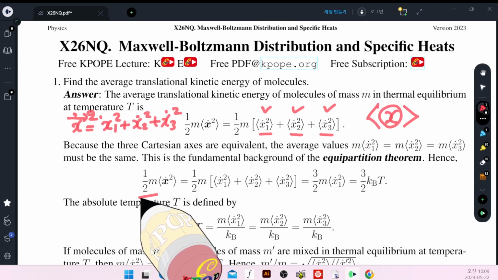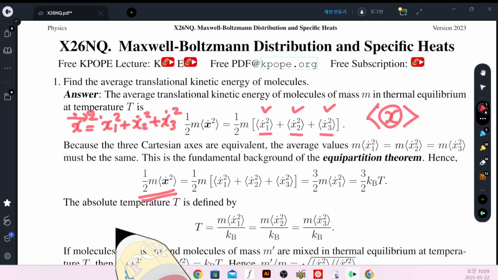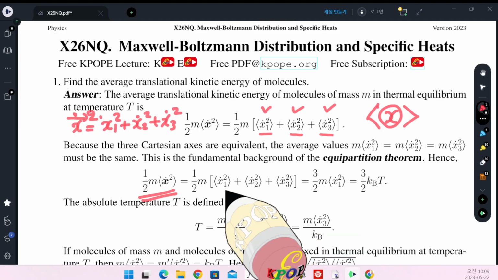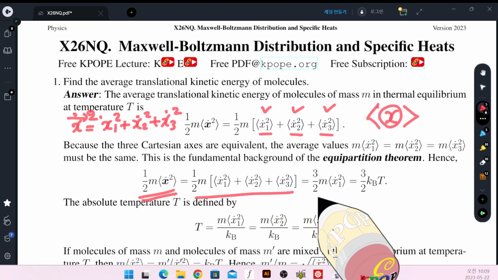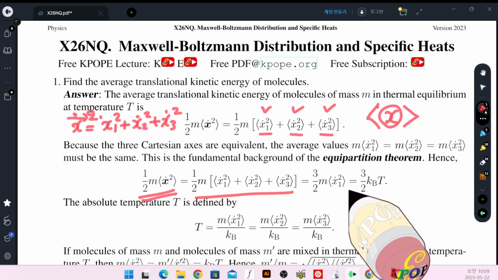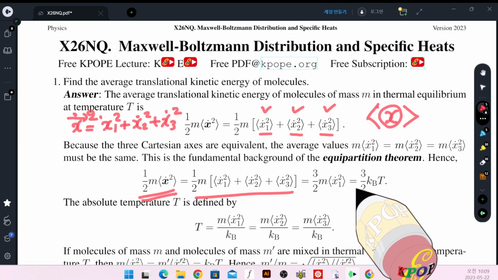Therefore, the average kinetic energy of a single molecule over n molecules at thermal equilibrium at temperature T is just 3/2 of m times a single Cartesian component of velocity squared.